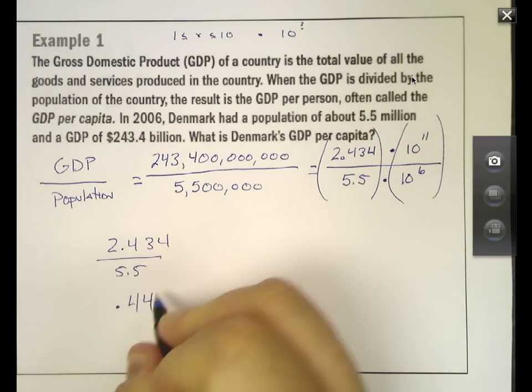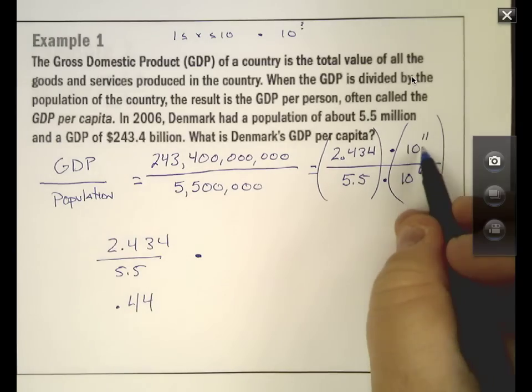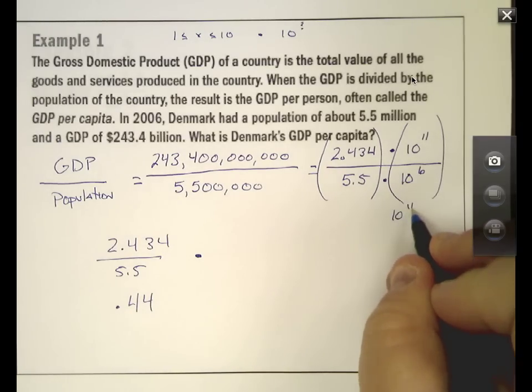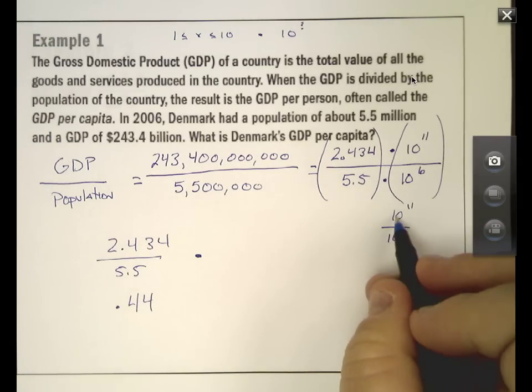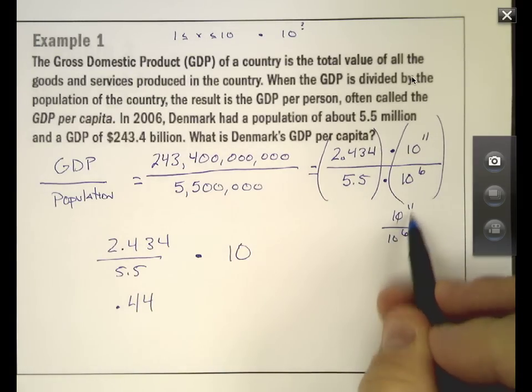And you all are going to tell me it is about 0.44 times 10 to the 11th divided by 10 to the 6th.